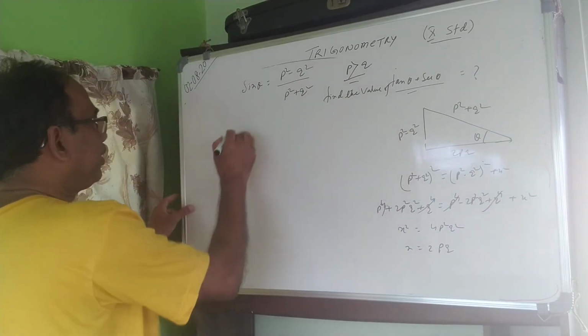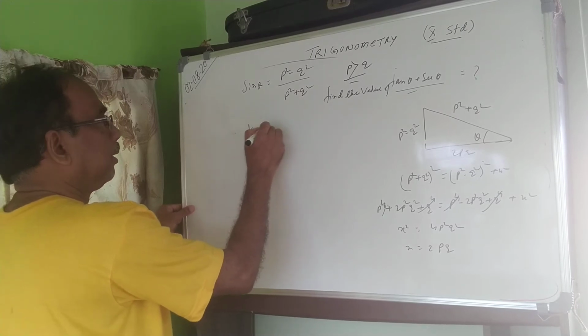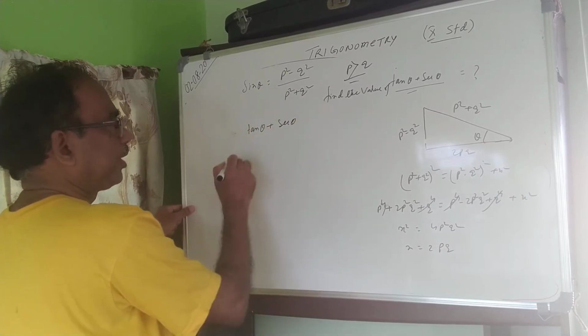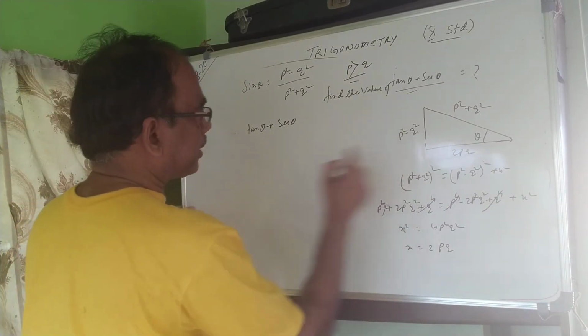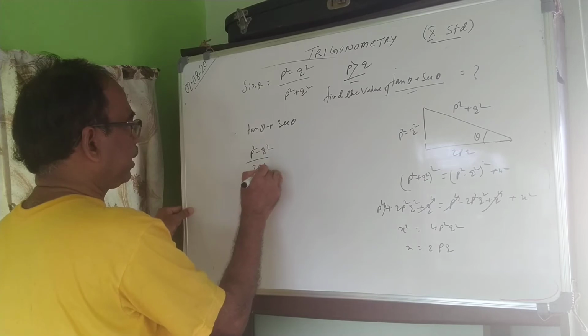Then you have to find tan theta plus sec theta. Tan theta is perpendicular by base, that is p square minus q square by 2pq.